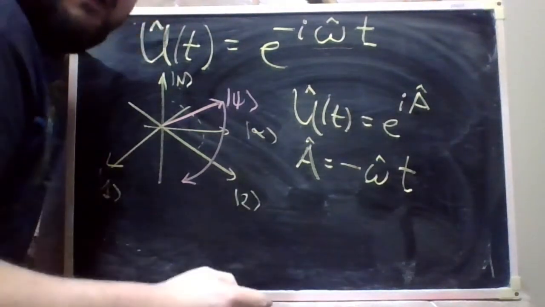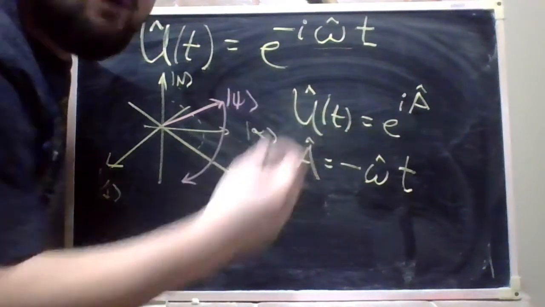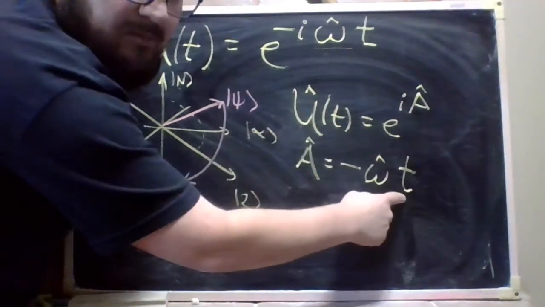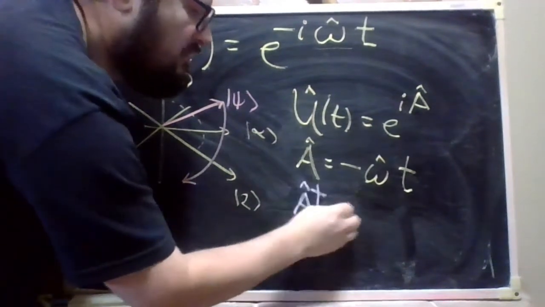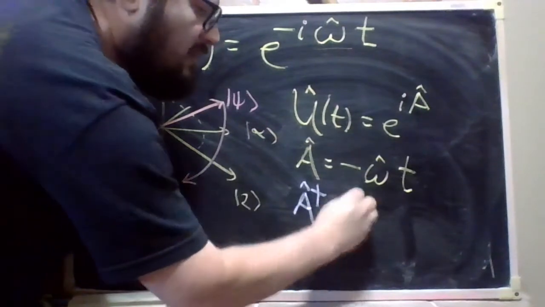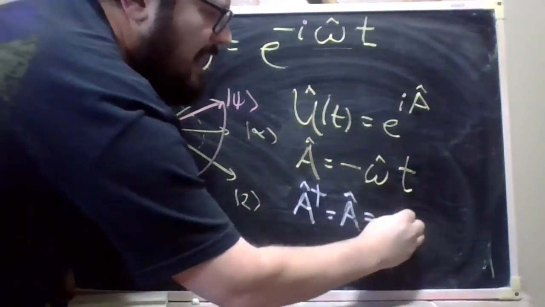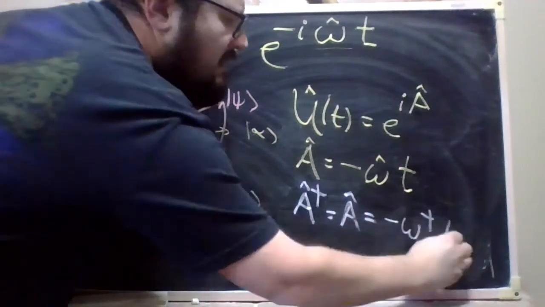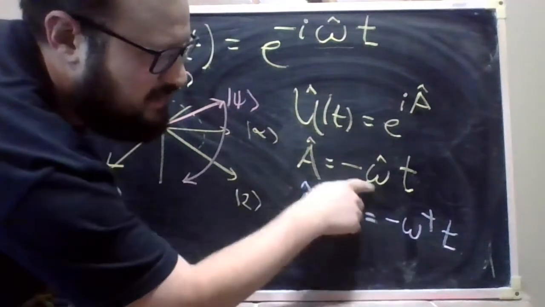So this produces an immediate consequence. Time is a real number, and for A dagger, which is the transpose conjugated of A, equal to A, you have minus omega dagger multiplying the time t, and this omega dagger must be equal to omega.